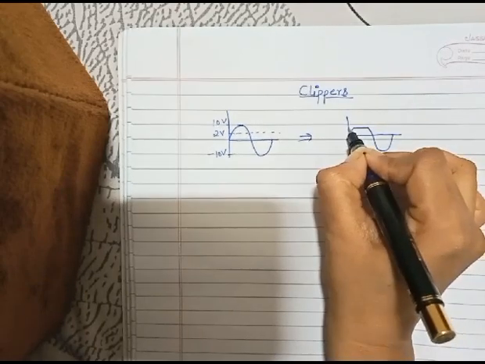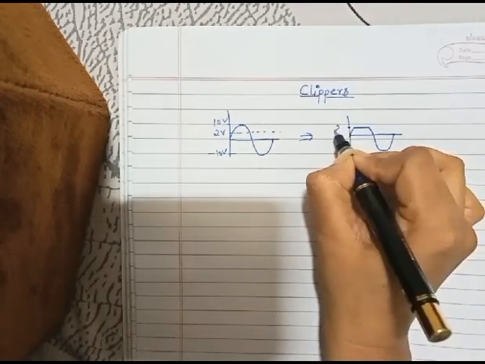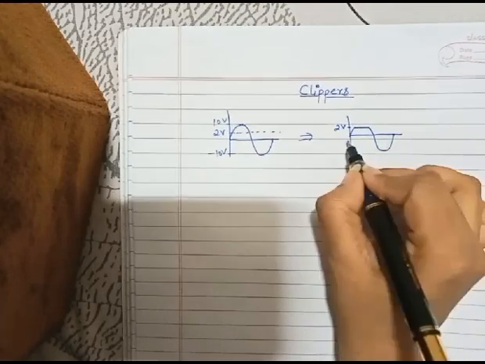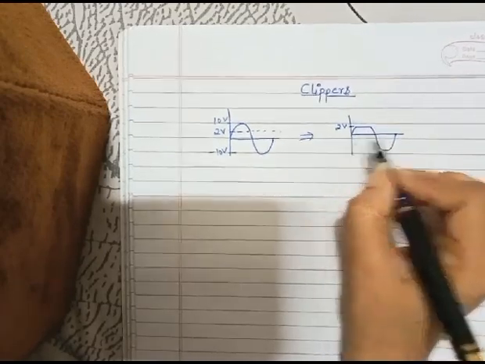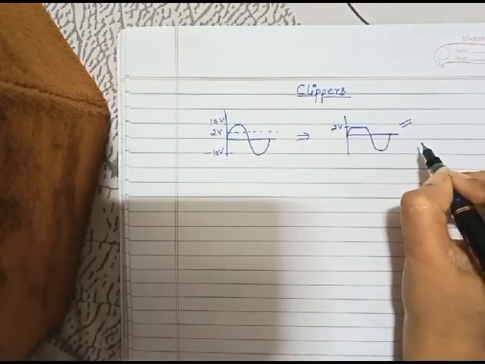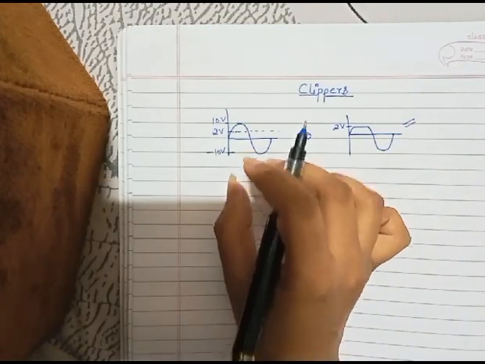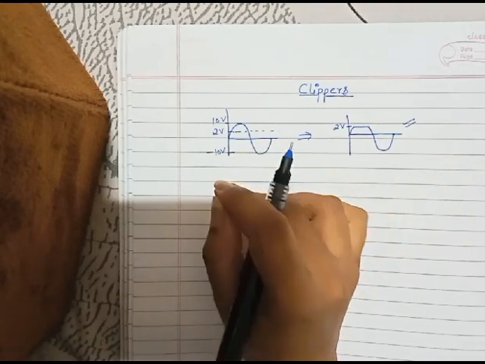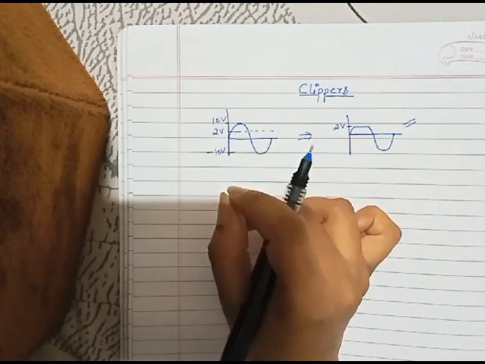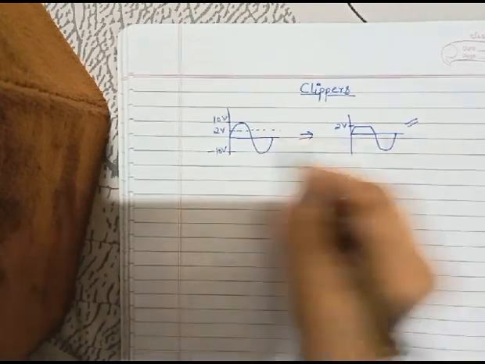If we want to clip the portion above 2 volt, then we pass it through the clipper, and we get such a waveform. This says that a clipper is a circuit which helps to clip off the waveform from a certain voltage level. Okay, this was the definition.